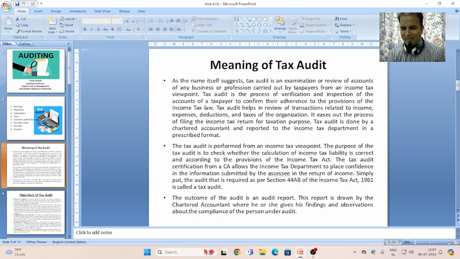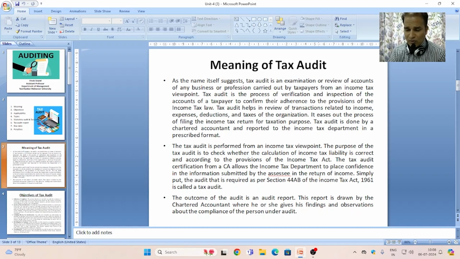So basically, tax audit checks whether the calculation of tax in the books of accounts of the taxpayer is correct or not. Is there any income that should be included in the income, are expenses permitted or not, deductions, rebates, reliefs, all these are calculated, inspected or examined by the auditor to find out the exact tax liability of the SSC.